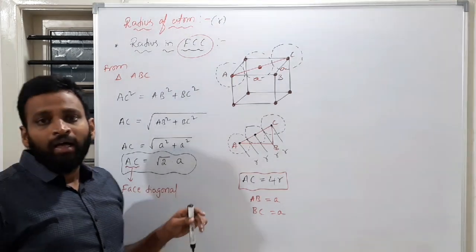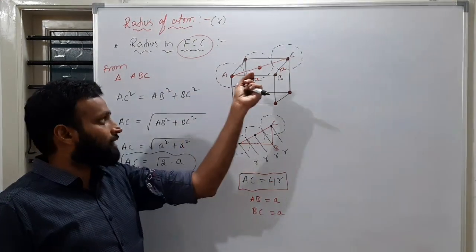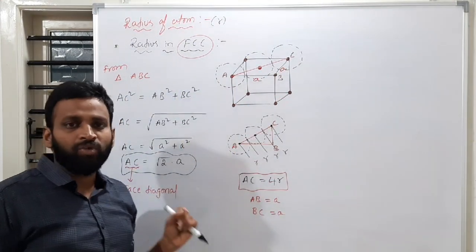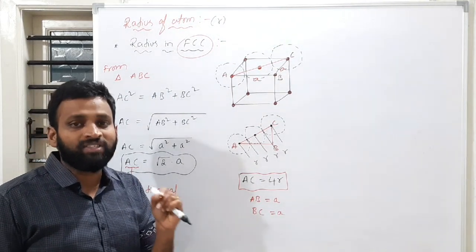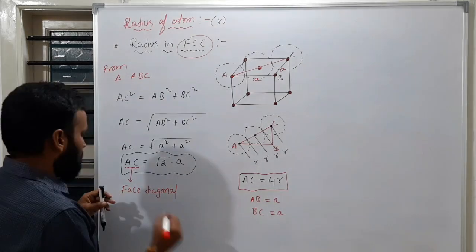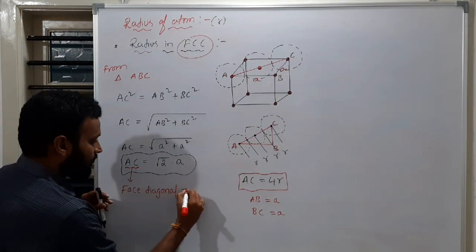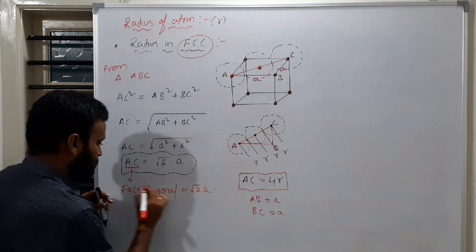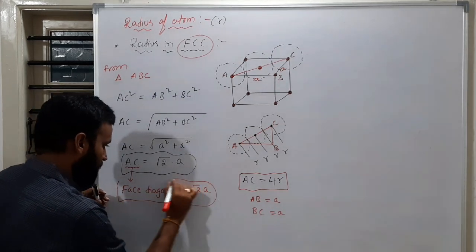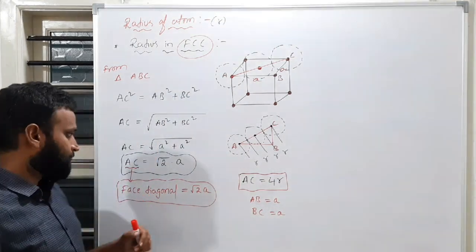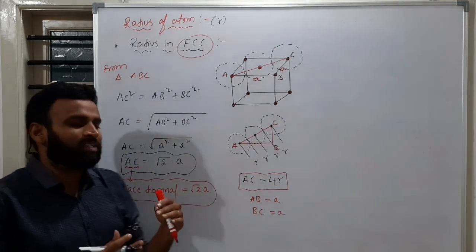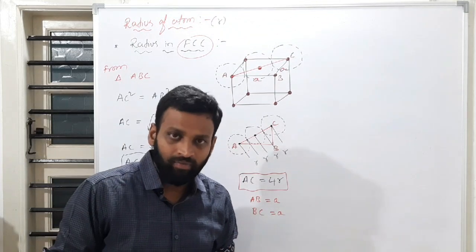Face center atoms, meaning corner atoms as well as face center atoms, because you are giving the radius for FCC, face centered cubic. So the face diagonal formula is root 2A. It's very important. Sometimes they will ask you to calculate the face diagonal.